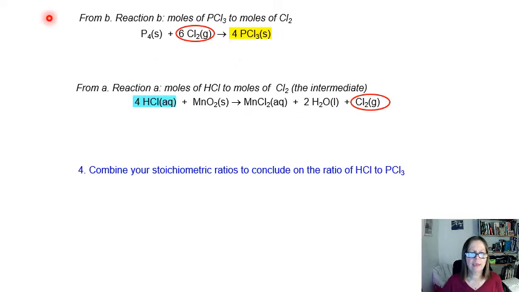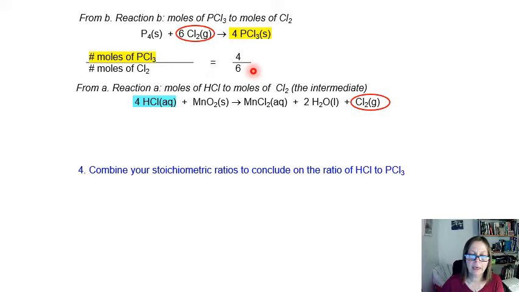So if we look at the second equation first, what we're looking for is phosphorus trichloride. The intermediate is chlorine. Remember, we always want to put what we're looking for at the top of our stoichiometric ratio. So we can write the stoichiometric ratio between PCl3 and chlorine. It's 4/6.